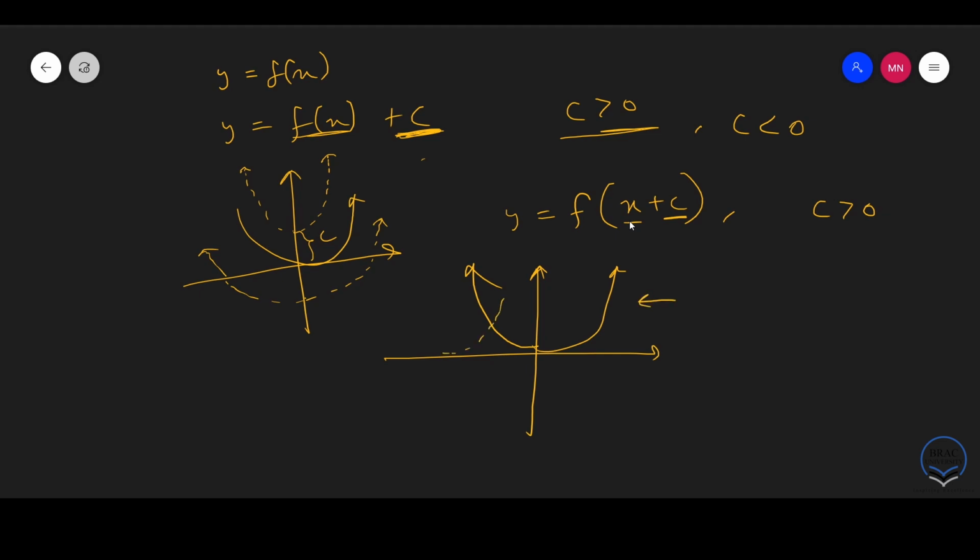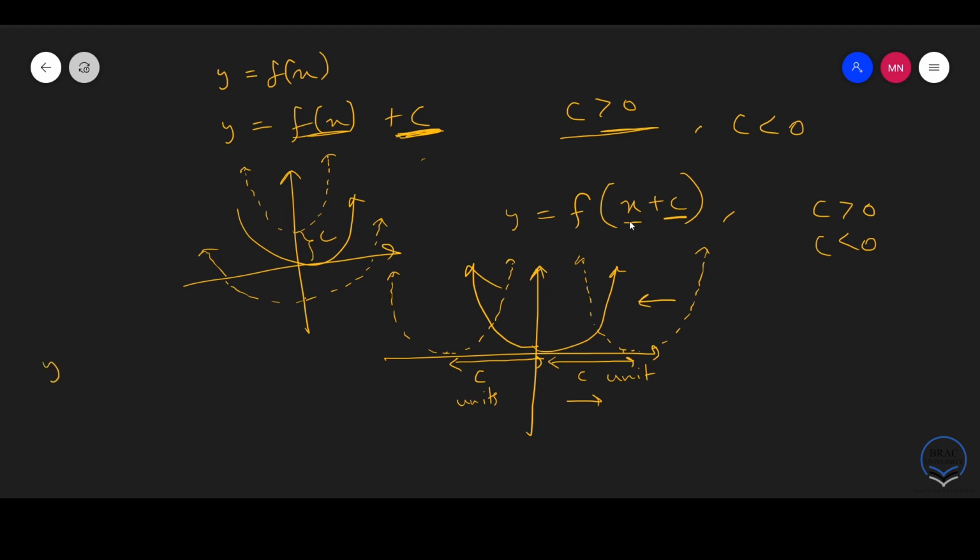So instead we will have something like this. So this is a shift by c units. And similarly, if c is less than 0, then we will have a shift horizontally of this graph to the right, and we will have a graph that results like this. So this is a c unit shift to the right.